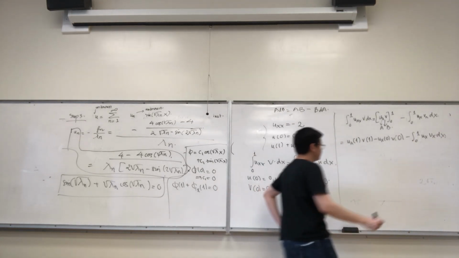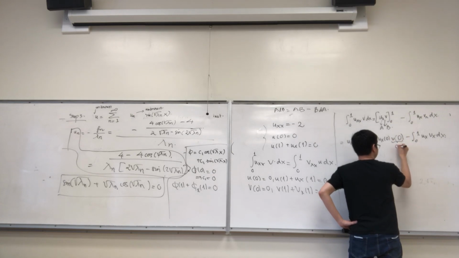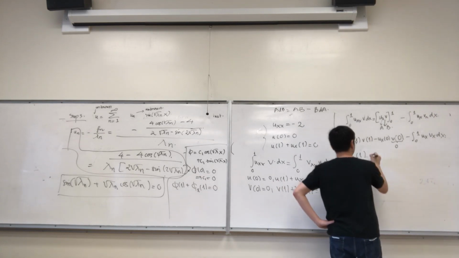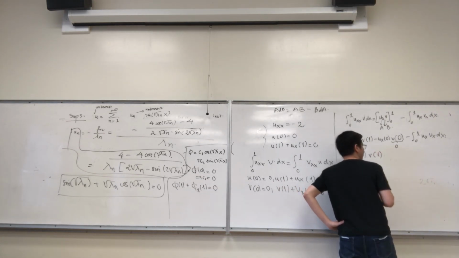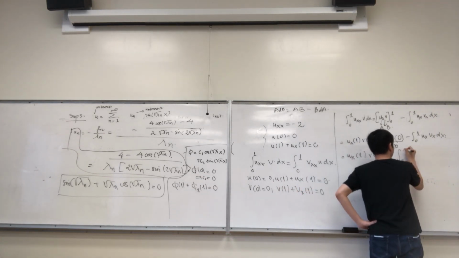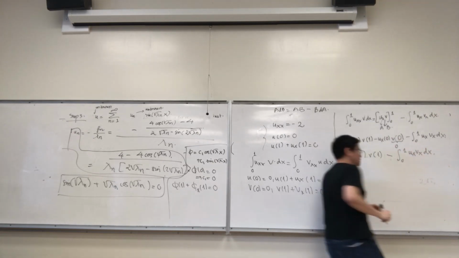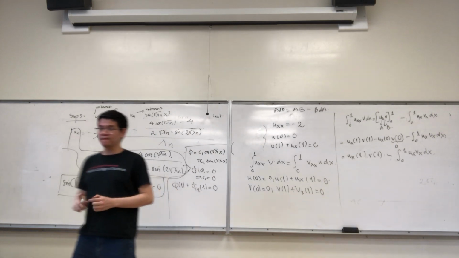So you know that v(0) is 0, so this is 0. So this gives you u_x(1) v(1). All right, and this is the integral from 0 to 1 of u_x v_x dx, right?